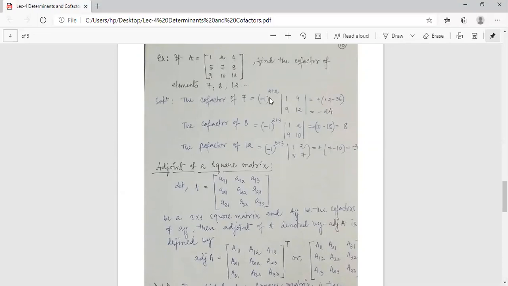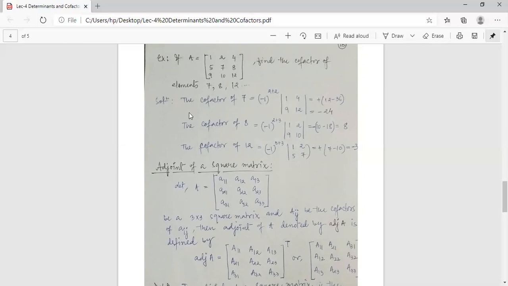So it will be minus 1 to the power 2 plus 2, and then the determinant of the remaining submatrix after deleting the corresponding row and column of 7. You are left with the submatrix 1, 4, 9, 12. Its determinant value is 12 minus 36. Since the exponent is even, it is a positive sign, and the result is minus 24.